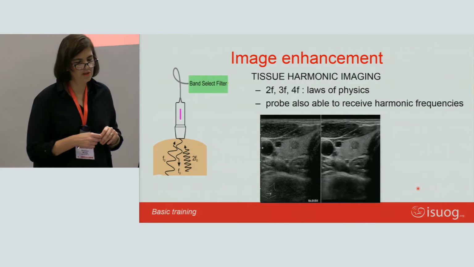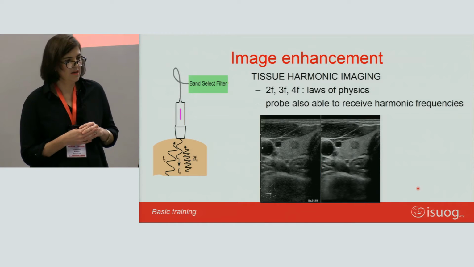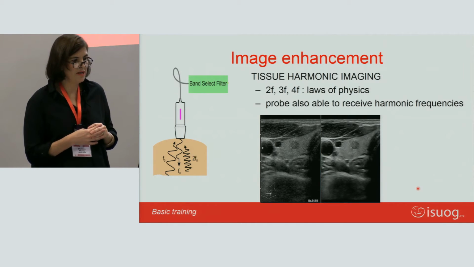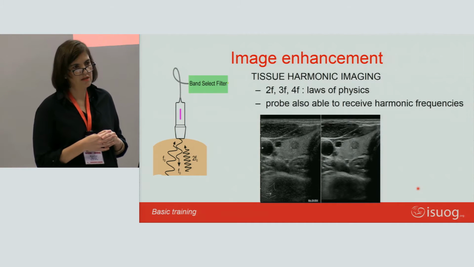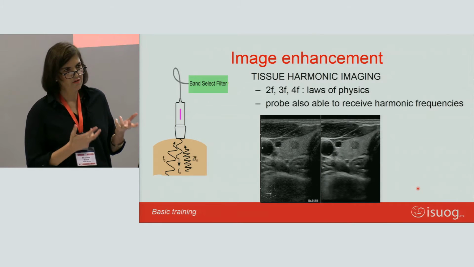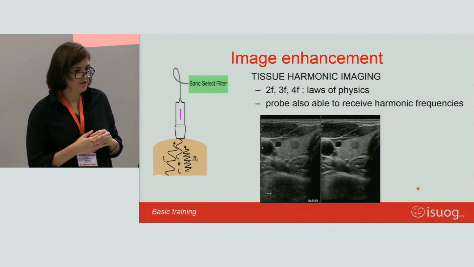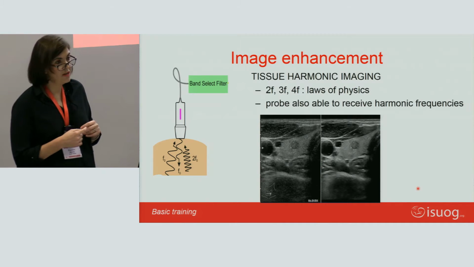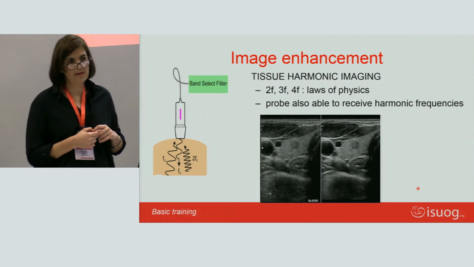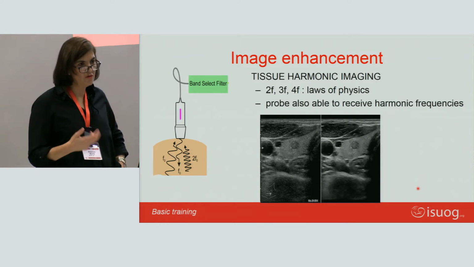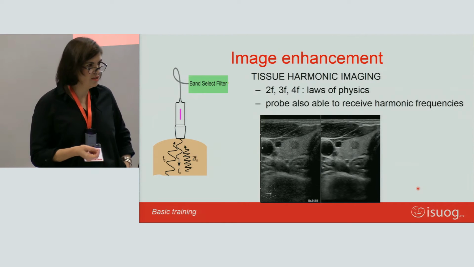Another important thing to understand is how we can use tissue harmonics to enhance the image. These are very sophisticated buttons on quite expensive ultrasound machines. Through the laws of physics, there are frequencies that are twice and three times and so forth the strength of the original frequency that went into the tissue.